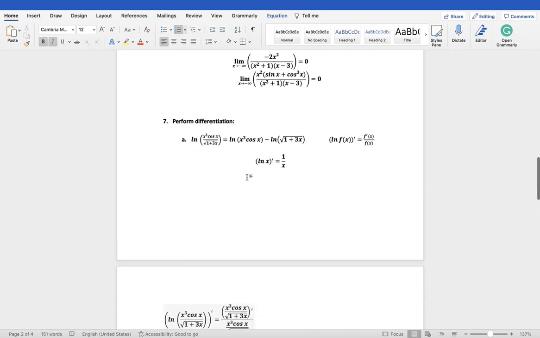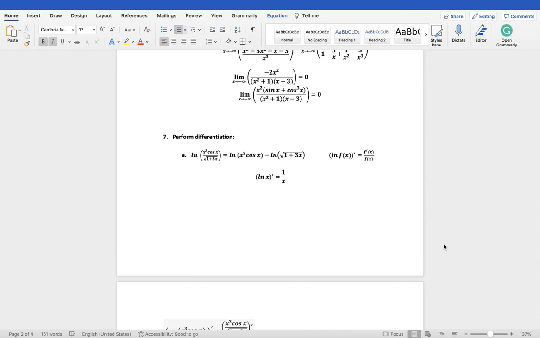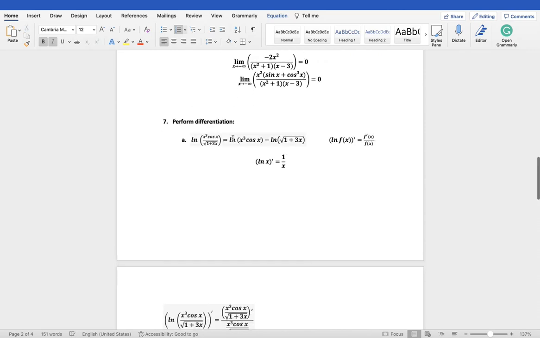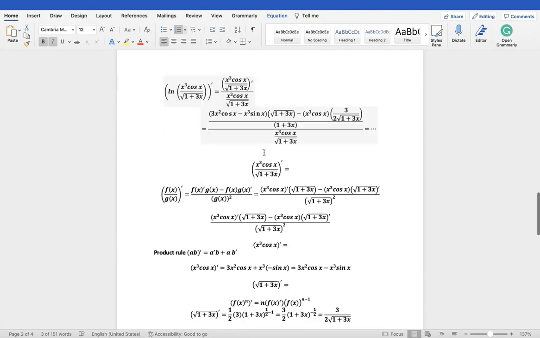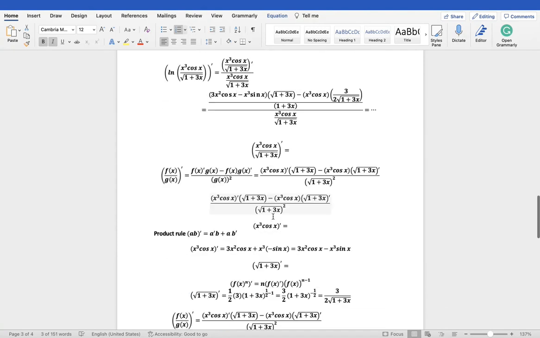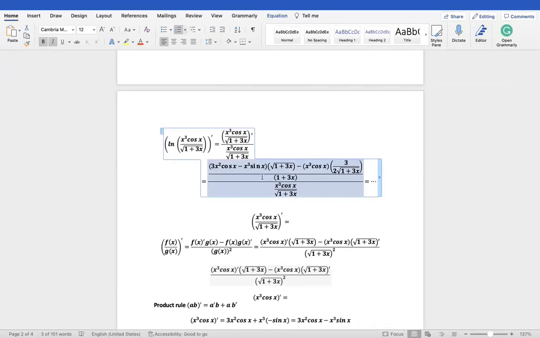For A, if you want to practice your knowledge as well, you can try to use this form of the question. Try to solve it going from here and see if you get to the same final answer. You should be able to get to the same final answer. Of course, you can simplify this answer further to get a nicer looking answer, right?